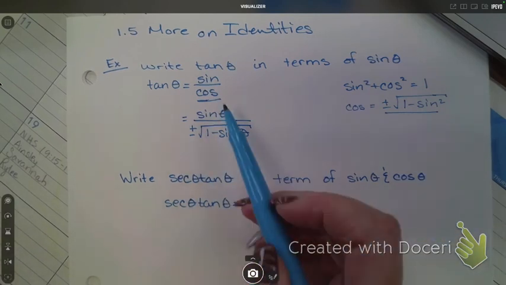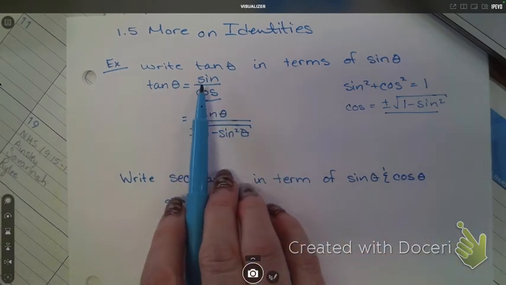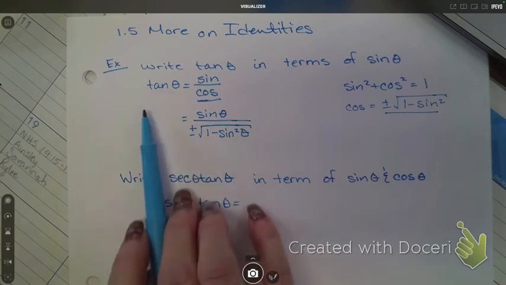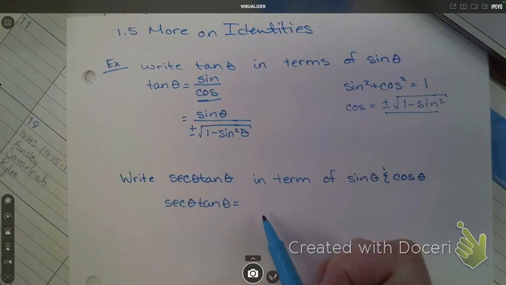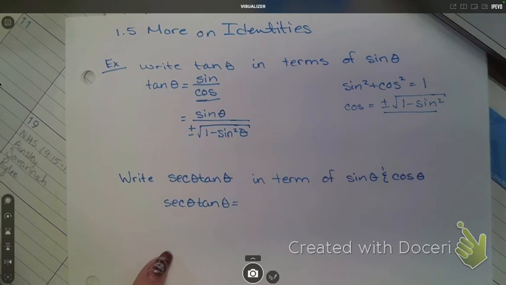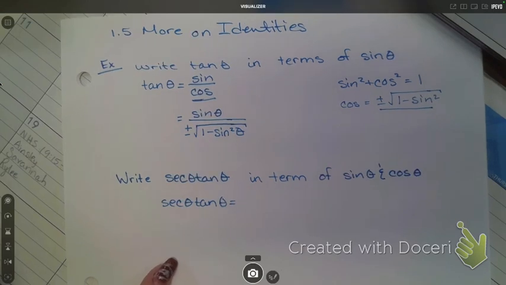And I do want you going down. I went one step over and then everything else was going down, because when we do proofs, we'll just go straight down. We won't even go over one. Okay, so I need terms of sine and cosine. So you're using your Pythagorean, reciprocal, and ratio identities.